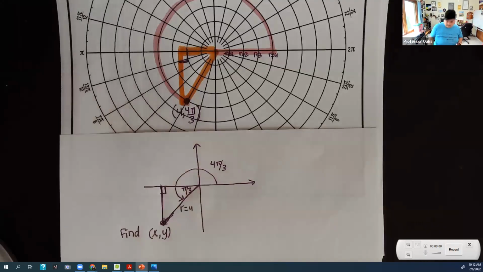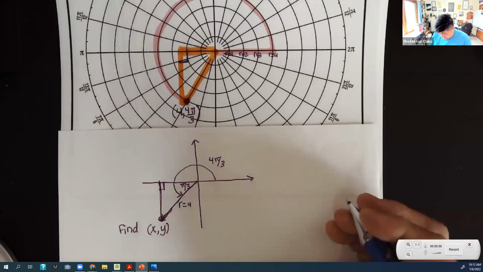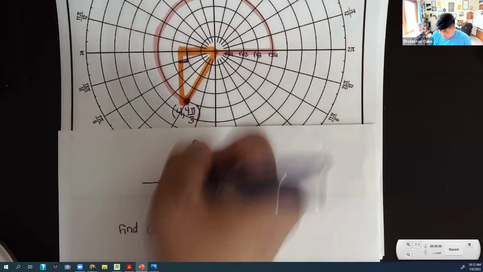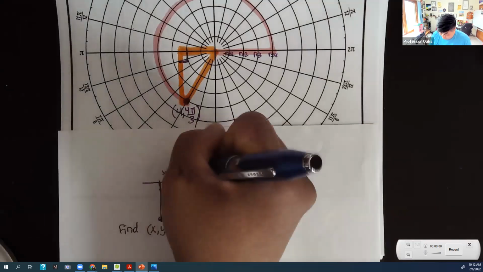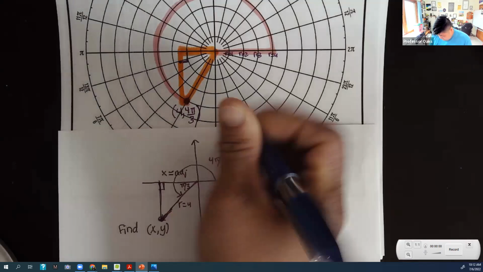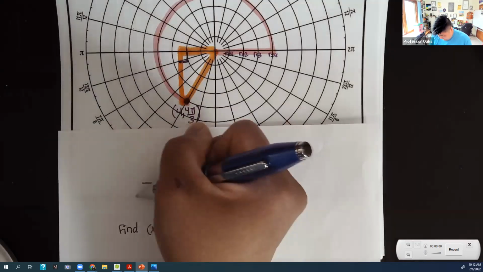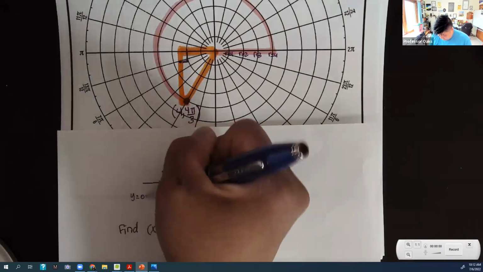And so if you think about it like that, remember that X is going to be the adjacent side, and the Y is the opposite side.